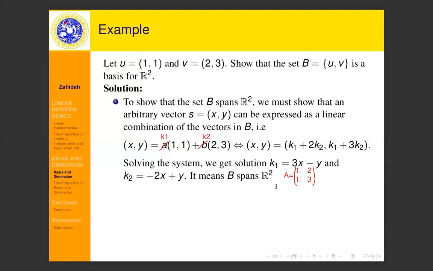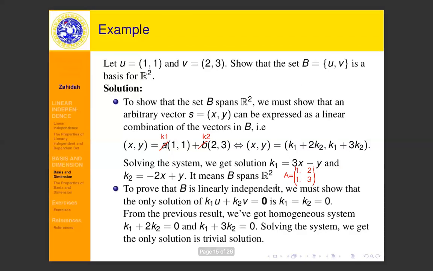Okay, the second one, we have to show that our B is linearly independent. This one should be the zero vector, not 0. I made a typo again.